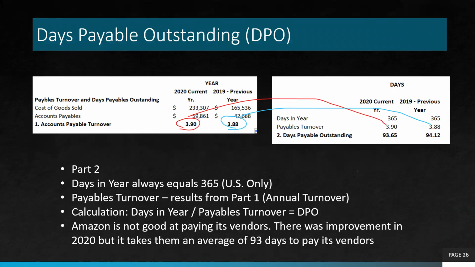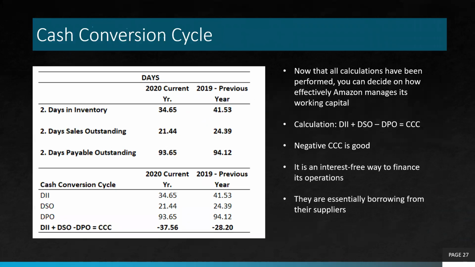And again, this is what we've just gone over. So next, you want to look at all of these ratios that you've just calculated, and you want to figure out the cash conversion cycle. The way that you do this is the calculation as indicated here, and I'm using the acronyms DII plus DSO minus DPO: days in inventory, days sales outstanding, days payable outstanding equals your cash conversion cycle.